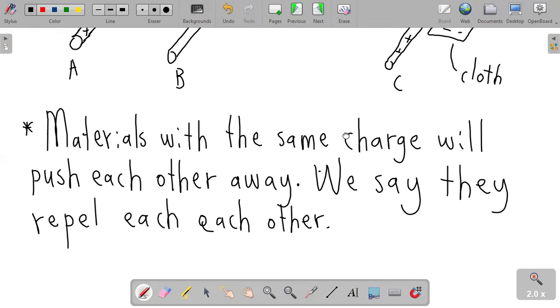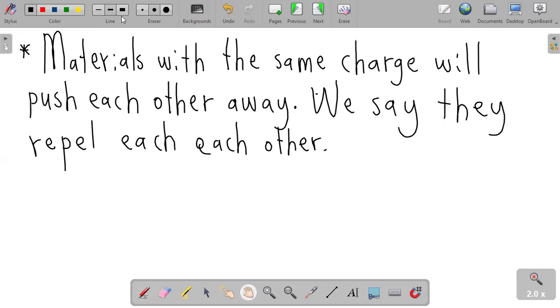So they repel if they have the same charge.